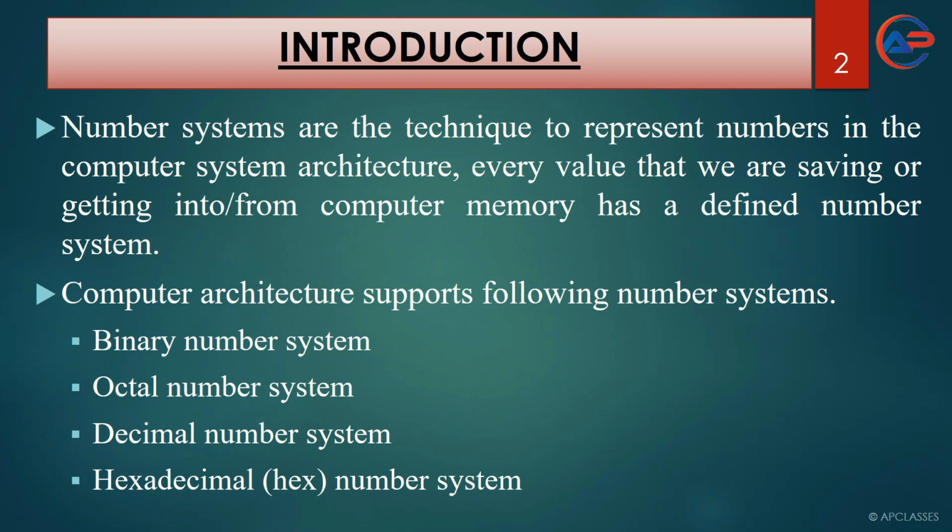We will learn how to convert a decimal number system to binary number system and a binary number system to decimal number system. Then we will learn how to convert a decimal number system to octal number system and an octal number system to decimal number system. Finally, we will learn how to convert a decimal number system to hexadecimal number system and a hexadecimal number system to decimal number system.